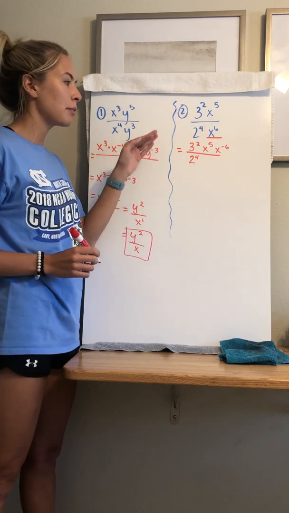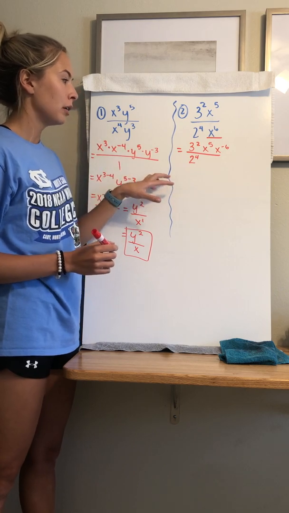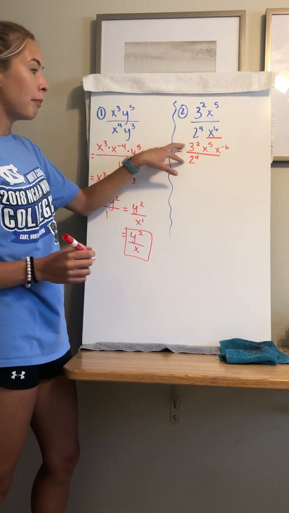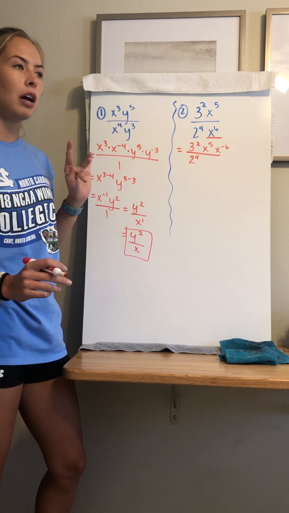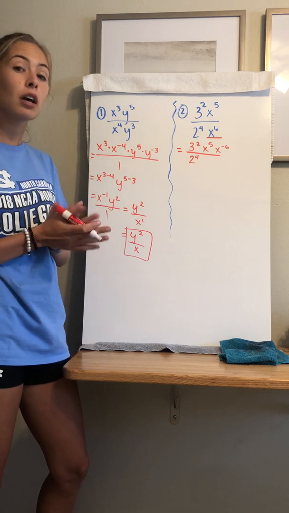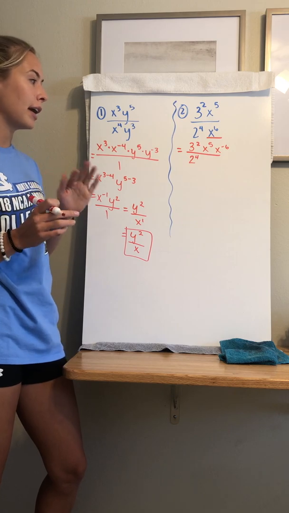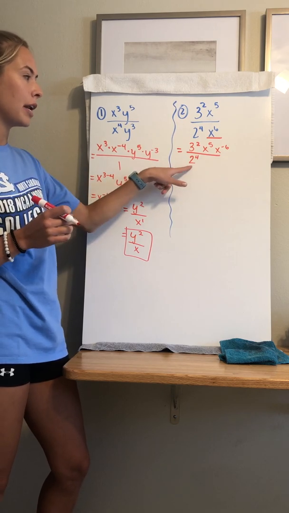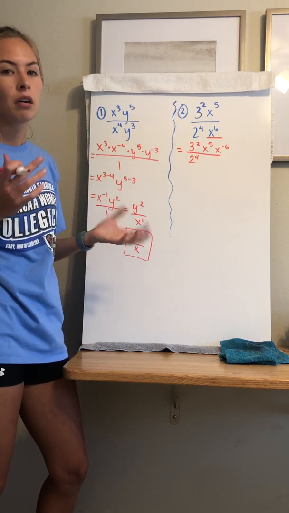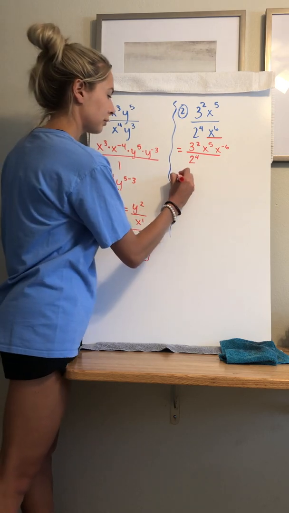I moved it to the top so it became a negative, but since these are not the same base and they are just numbers, we're just going to calculate those and simplify them later if we can. I'm not going to bring what's in the denominator to the numerator because you're not going to need to.